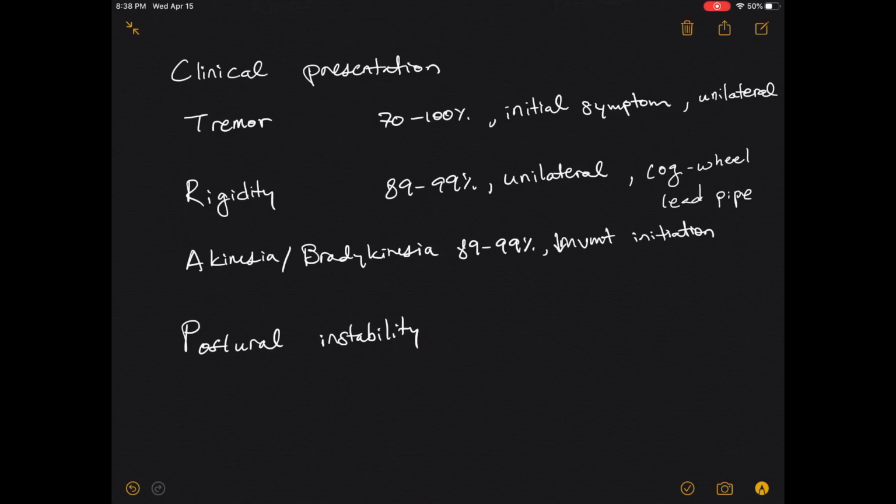Sometimes you will see freezing or hesitation of movement. And because they have difficulty moving things around, they also experience this on their face, so they have decreased facial expression as well.